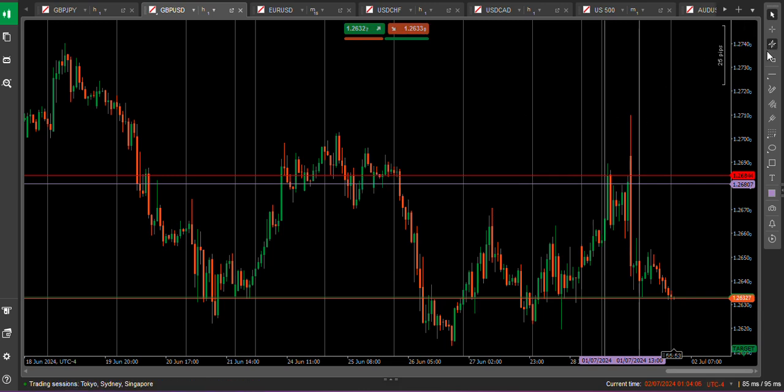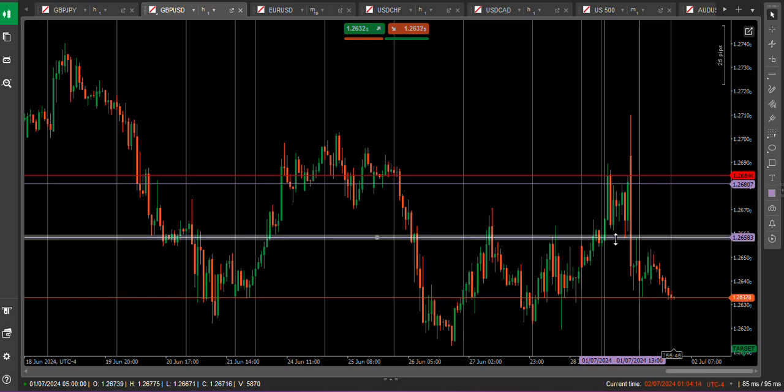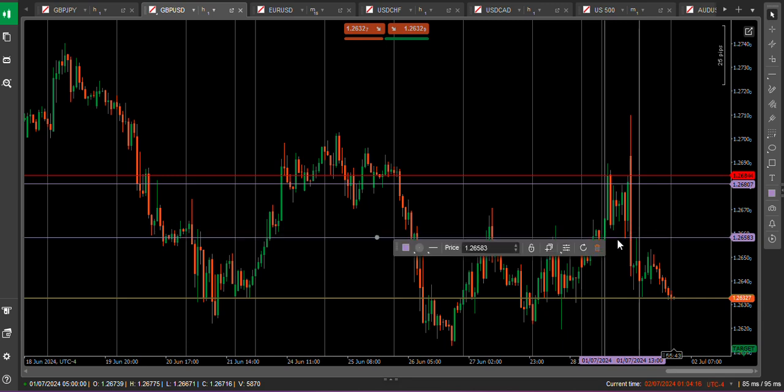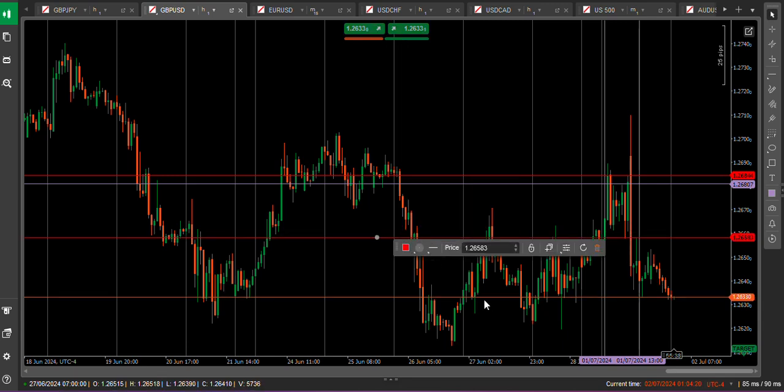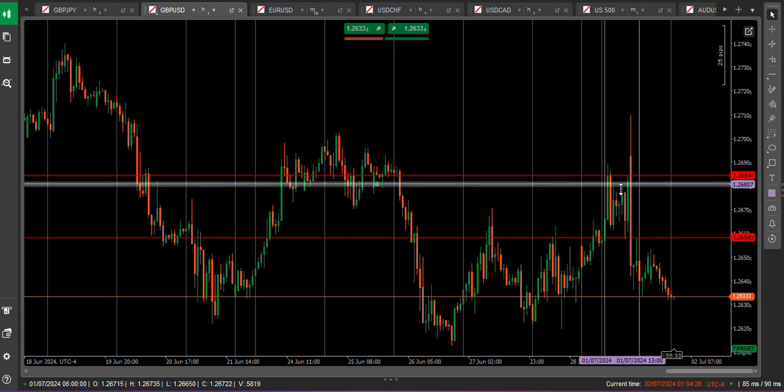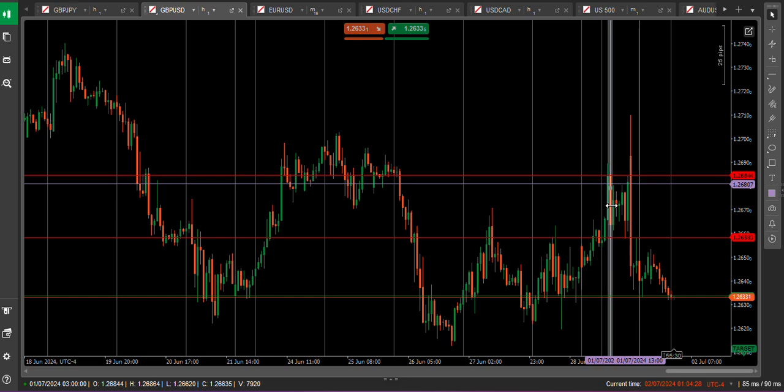Then there's another horizontal line here, the highest and the lowest point.